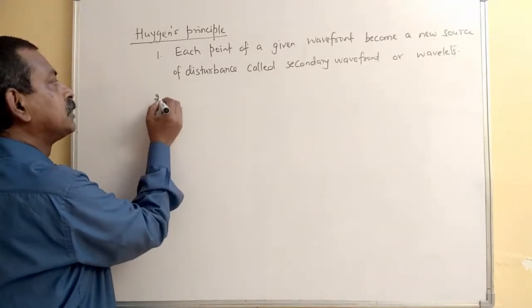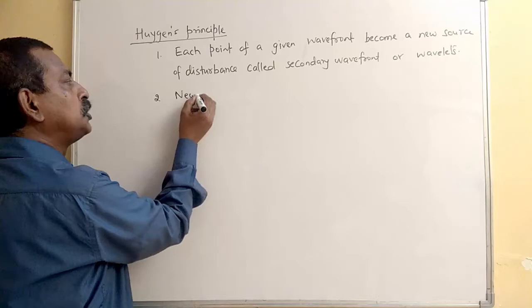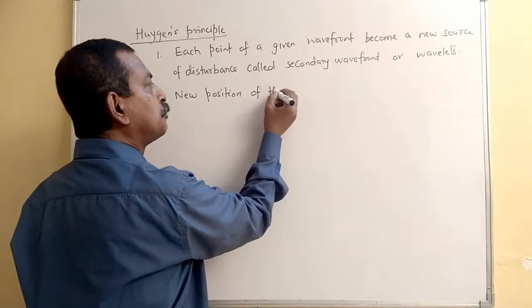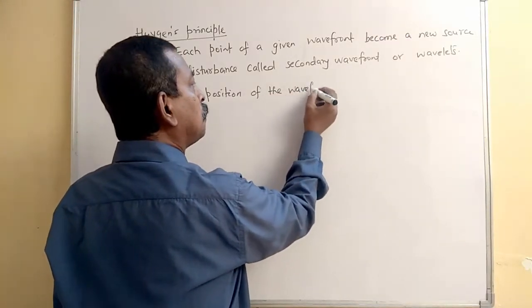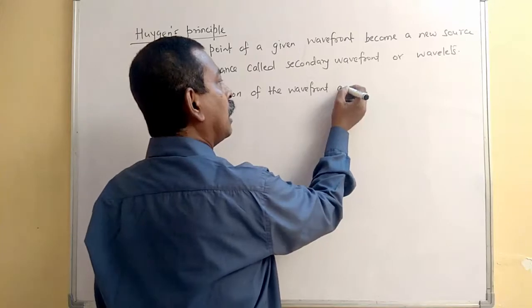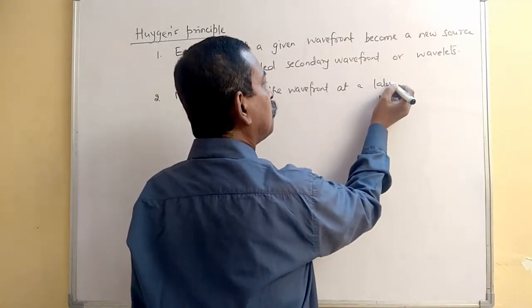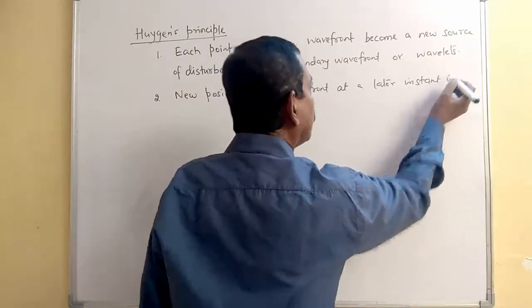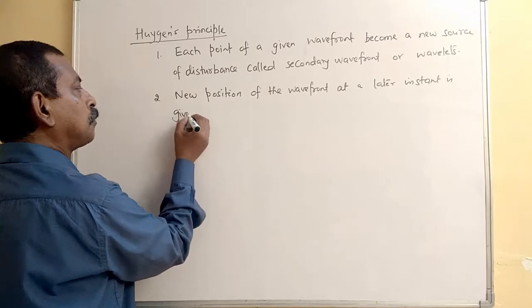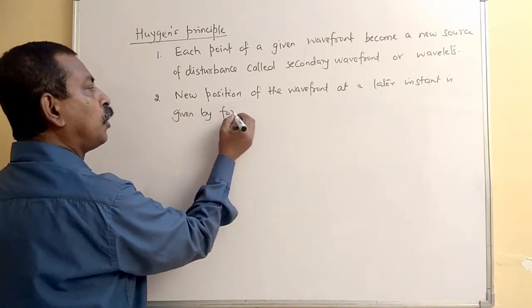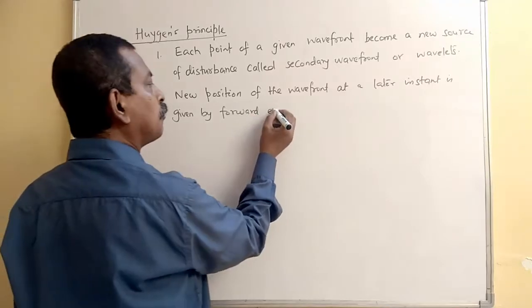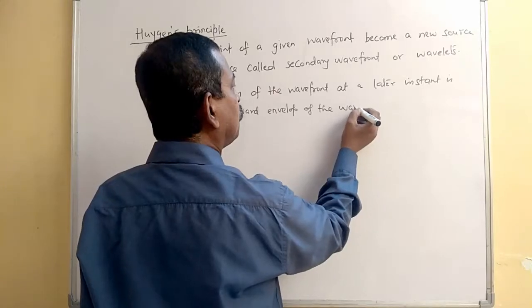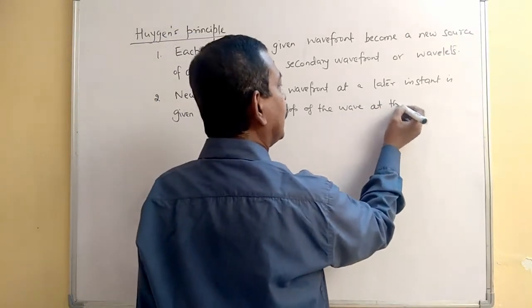And the second one is: the new position of the wavefront at a later instant is given by the forward envelope of the wave at that instant.